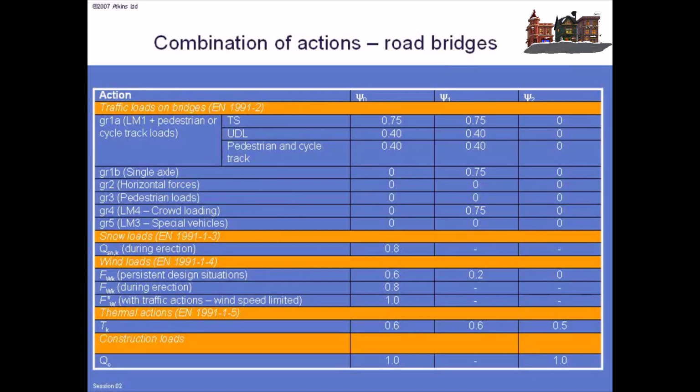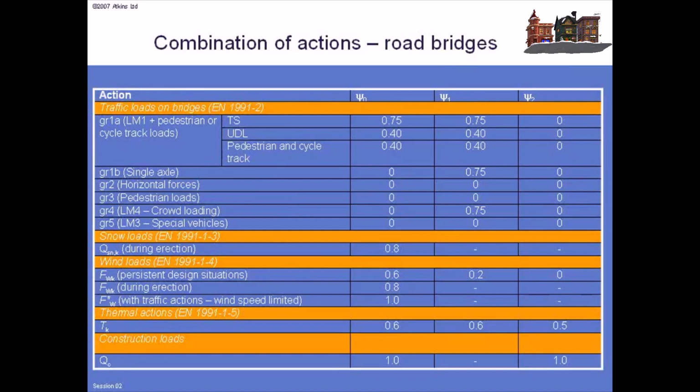The combination values, psi naught, you can see things like the tandem system has 75% of its full value, pedestrians 40%, and those values are basically mirrored in the frequent values there as well.